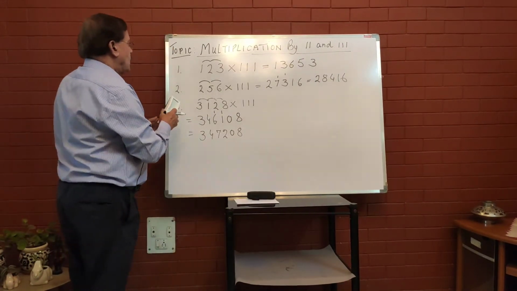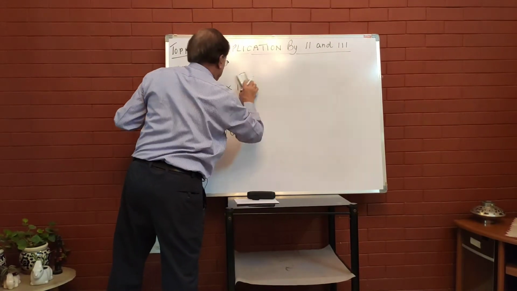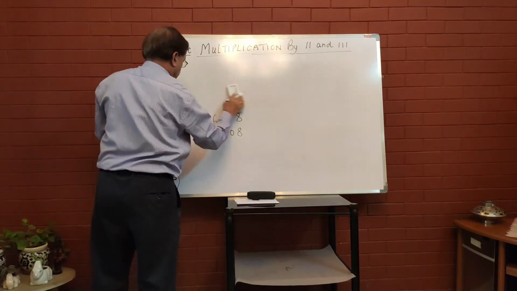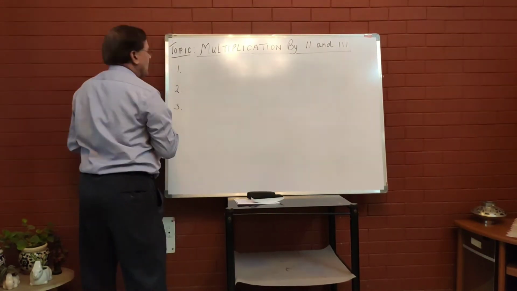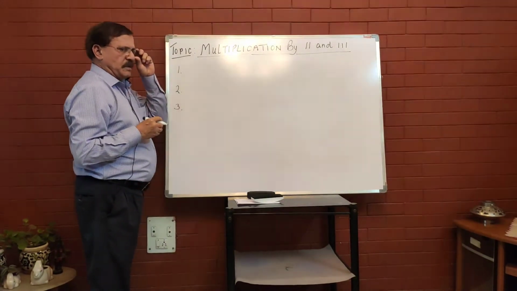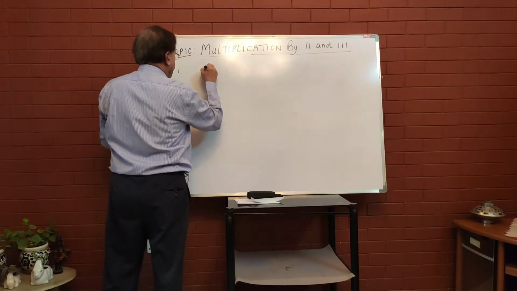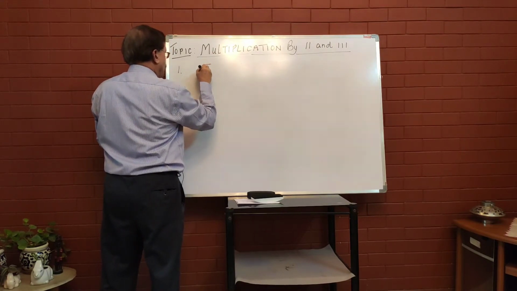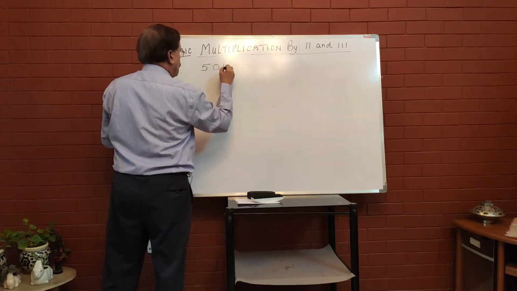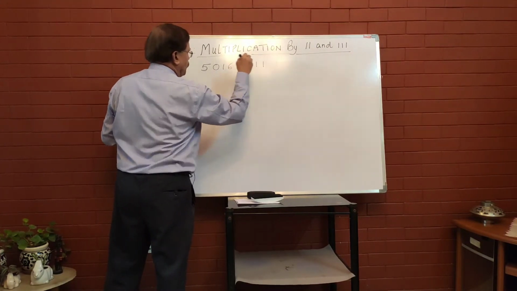Let us take 1 or 2 more other questions. Supposing we want to take a number which has 0 or 1, you can take that also. 5, 0, 1, 6 into 111.